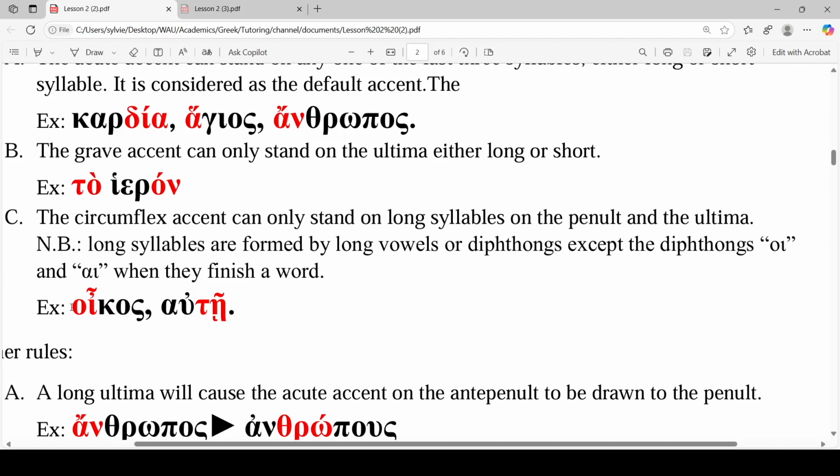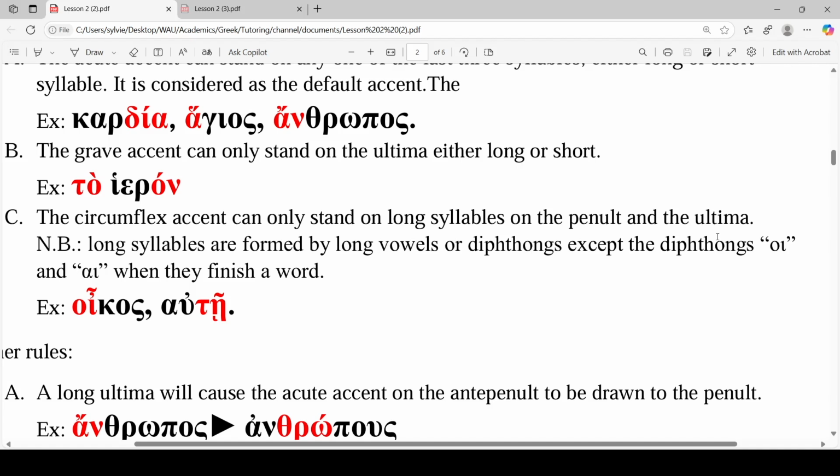In the word oikos, we have a circumflex accent over the first syllable and the next to the last syllable, that is the penult. And when you look at the syllable, you can see a diphthong, oi.